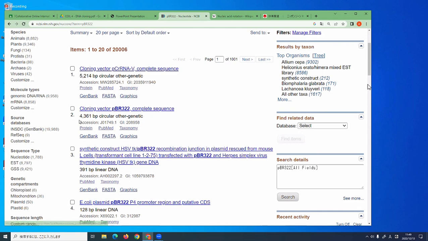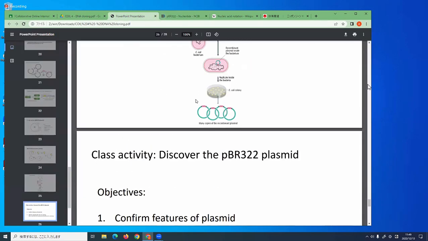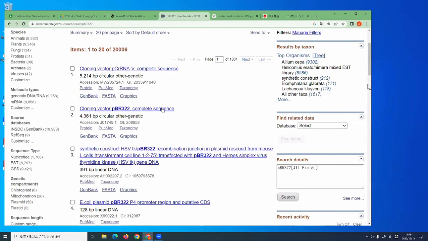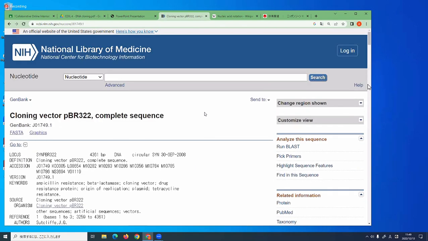The size was 4361, so it is in agreement with our map just now, 4361, right? Let's click that and open. So this is cloning vector pBR322.